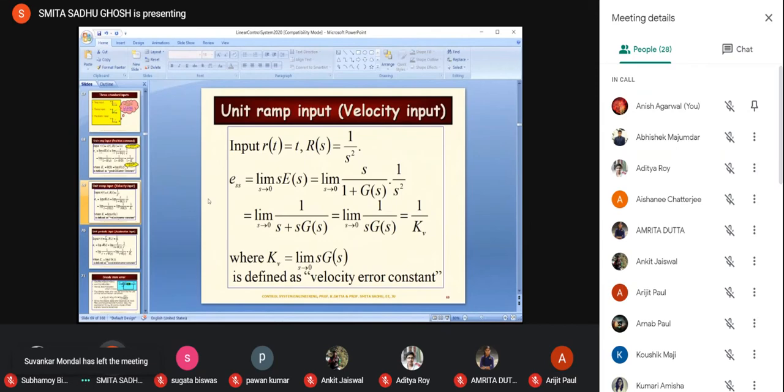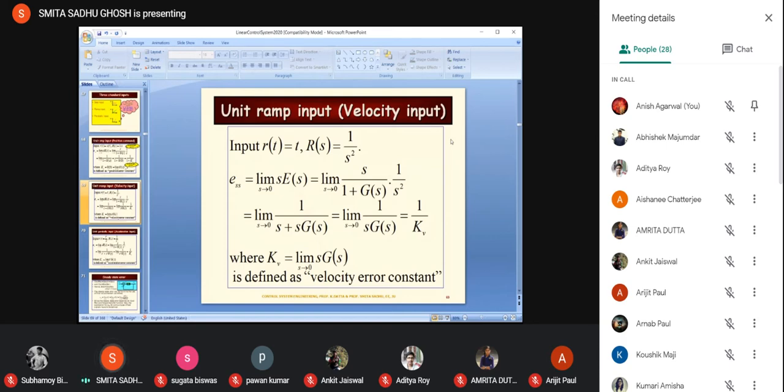Next, we come to ramp input, and for that matter, ramp input of unit amplitude, which we call a unit ramp input. And again, that is called a velocity input, because the terminology has come from the servo mechanism terminology.